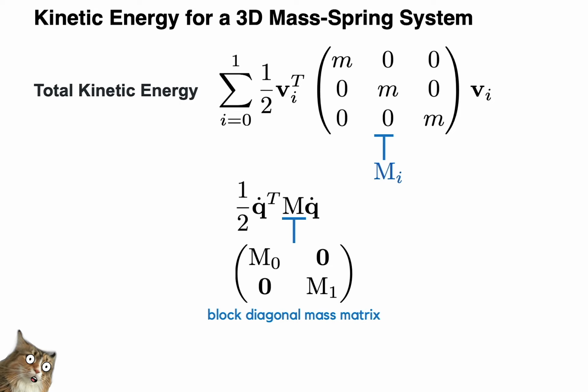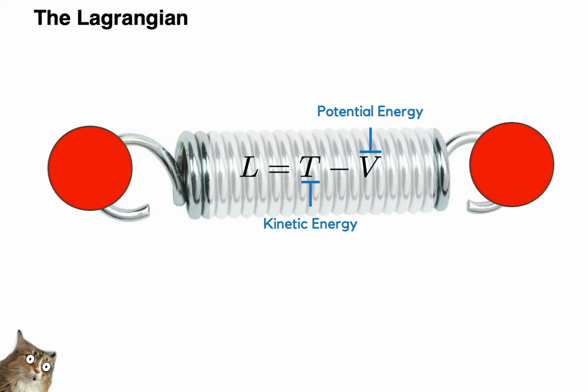In this case, with two particles, this is a 6x6 matrix with 3x3 particle mass matrix blocks on the diagonal. Using this mass matrix, the kinetic energy for our single 3D mass spring system can be written compactly as a quadratic function of q dot. Okay, not so bad, right? We're done with the kinetic energy. Sure, it was a little more involved than the 1D case, but arguably not by too much.